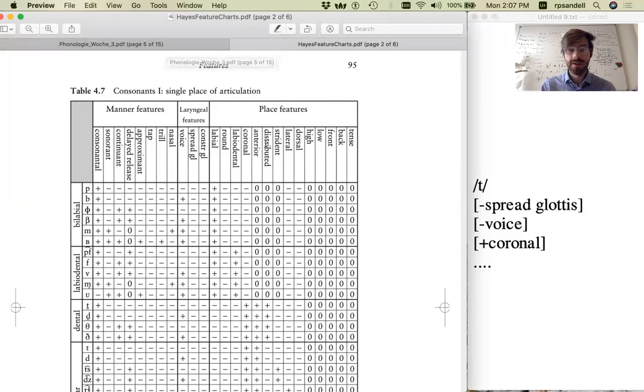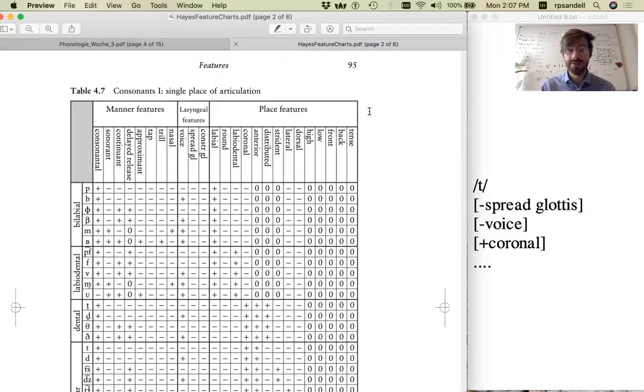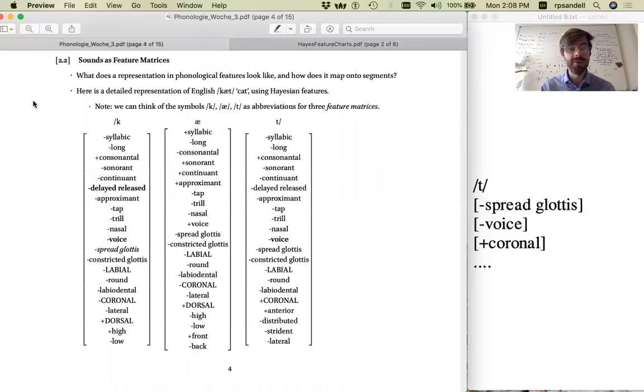So for instance, the features anterior and distributed, which have a column in this feature chart. Here's anterior, and here's distributed. We'll talk about what those mean in a little bit. Those aren't present in this feature matrix for the sound ka.